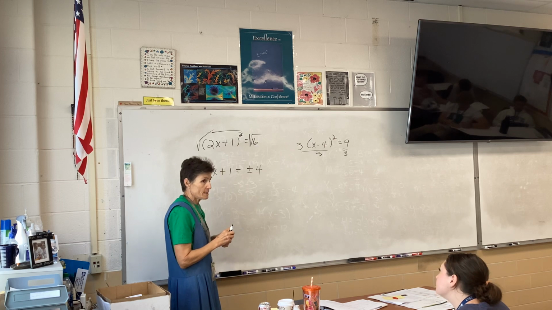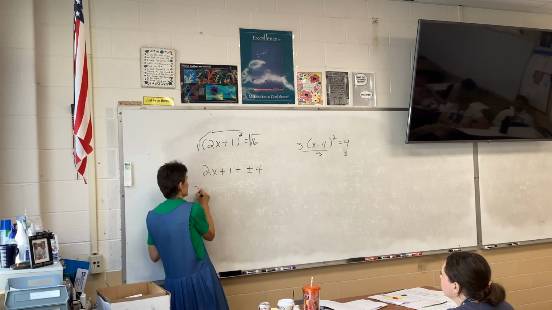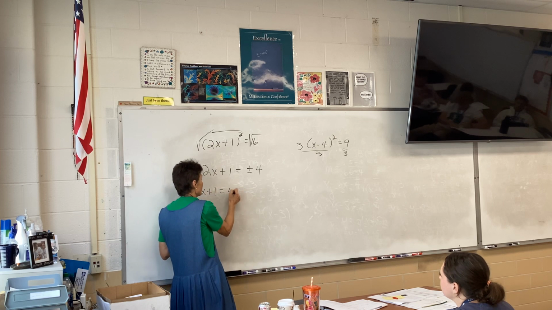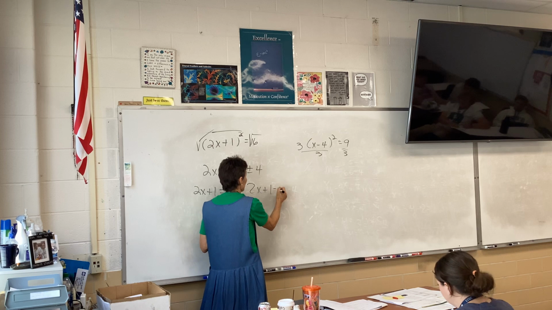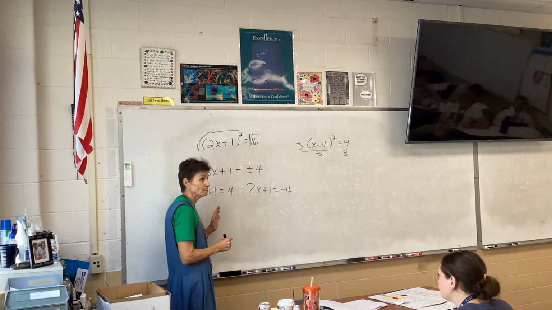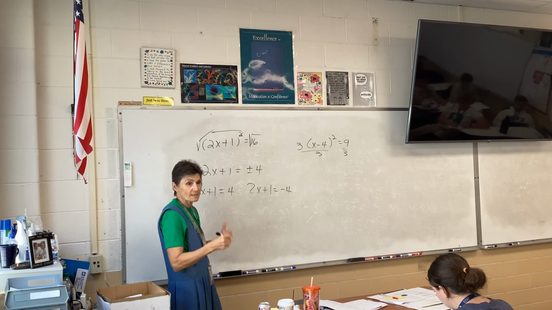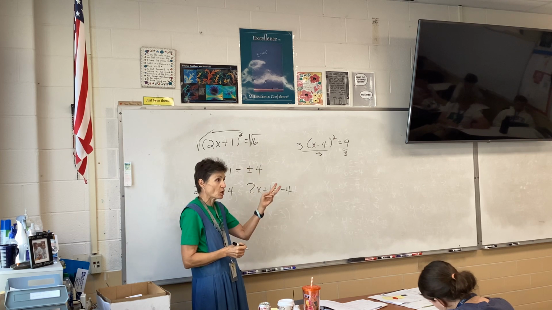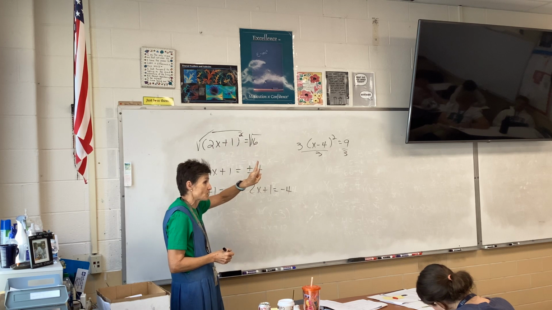Would you agree that this is really 2 different equations? It's 2x plus 1 equals 4, and it's 2x plus 1 equals negative 4. Would you agree with that? So we are going to solve both of those equations, and that's going to be our 2 answers, because we talked about yesterday, when your equation has a squared in it, you're going to have 2 answers.